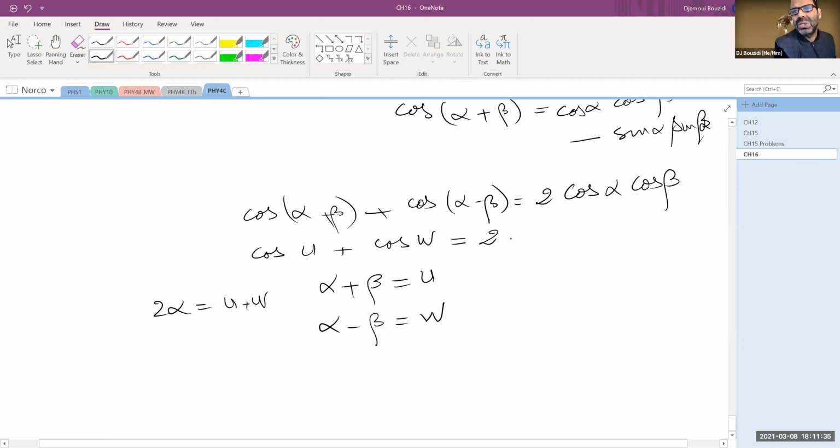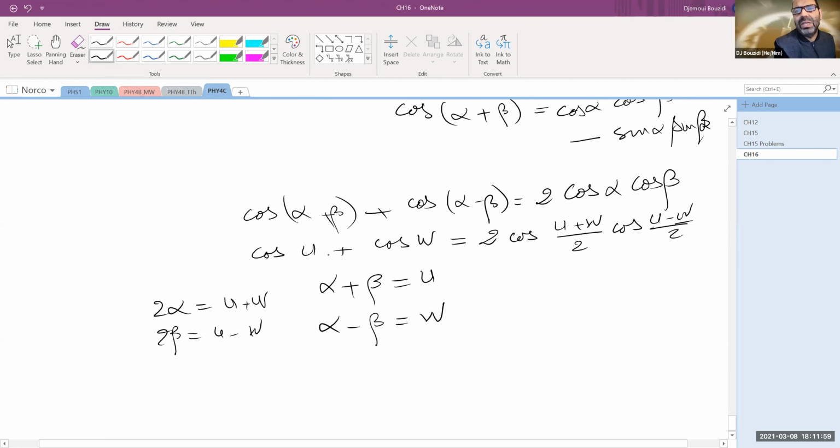So alpha itself is just the sum of the two numbers divided by 2, so it's u plus w over 2. And beta is going to be the difference, because alpha minus alpha is 0, beta minus beta is 2 beta. It's going to be u minus w. So again, it's just cosine of u minus w over 2.